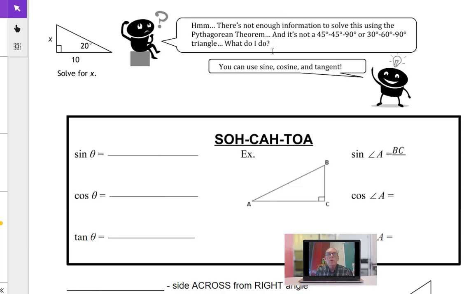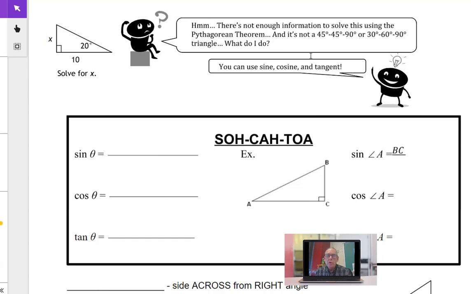So sometimes we'll run across problems where there's not enough information to use the Pythagorean theorem. Like for the Pythagorean theorem, you really need to have 2 side lengths out of the 3 to be able to compute the missing third side. We also talked about the special triangles.